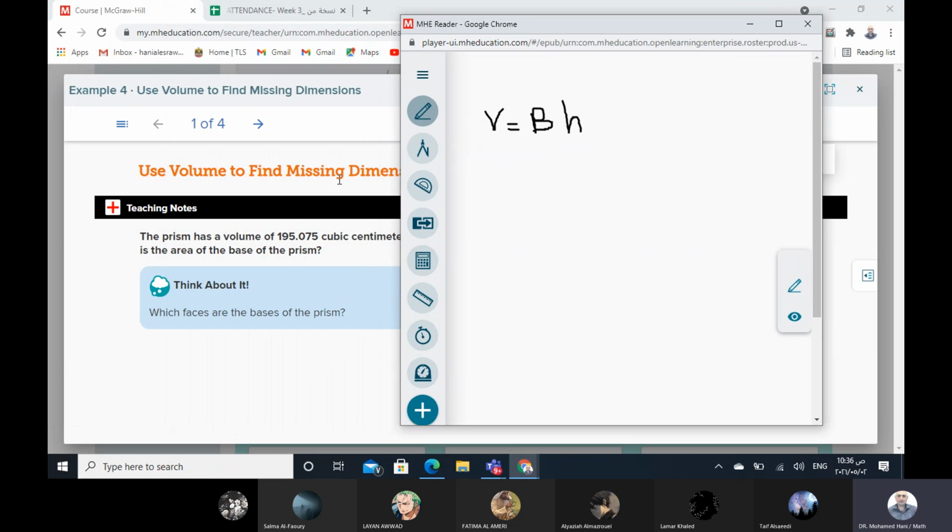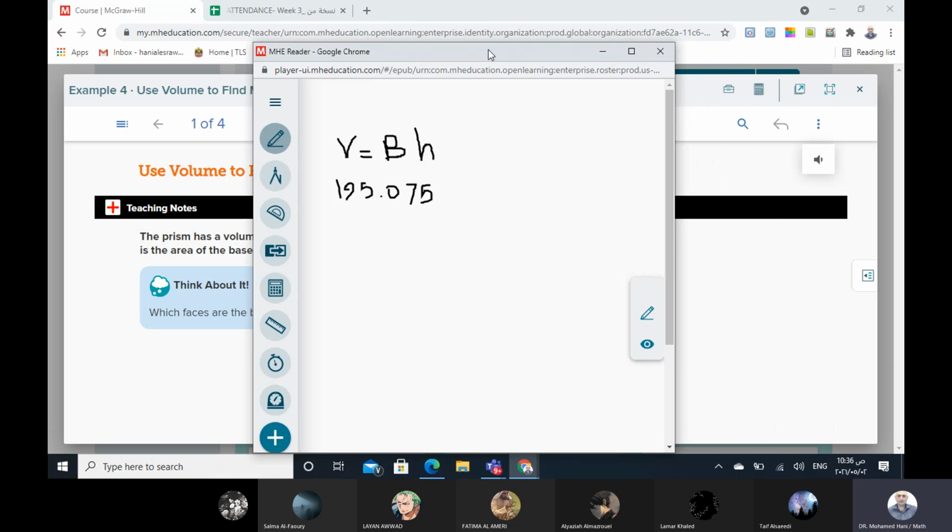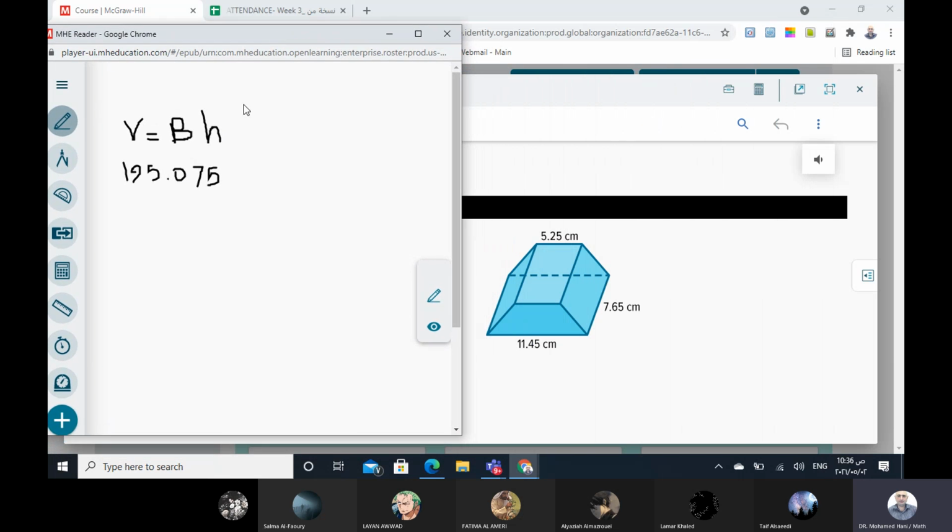We know here the volume, V, will be 195.075 equals, we want to find the base. We want to find the base.